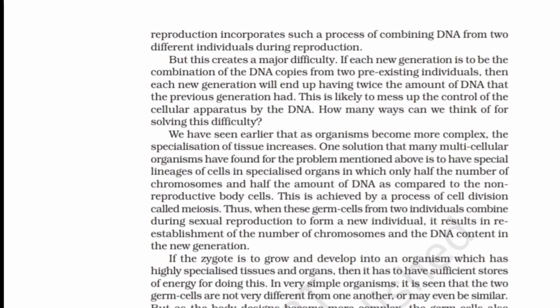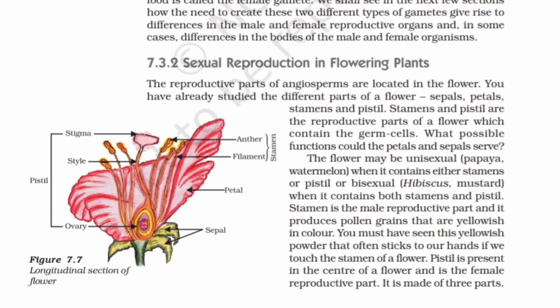If the zygote is to grow and develop into an organism which has highly specialized tissues and organs, then it has to have sufficient stores of energy for doing this. In very simple organisms, it is seen that the two germ cells are not very different from one another, or may even be similar. But as the body designs become more complex, the germ cells also specialize.